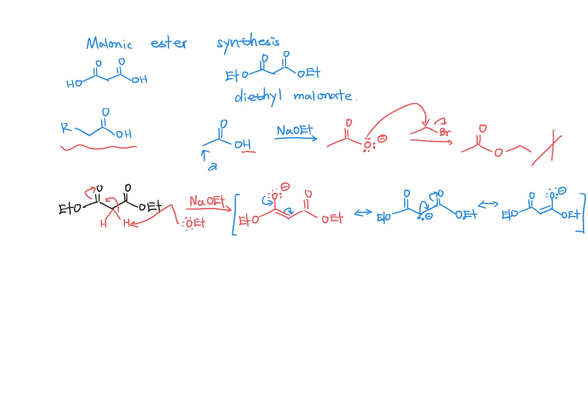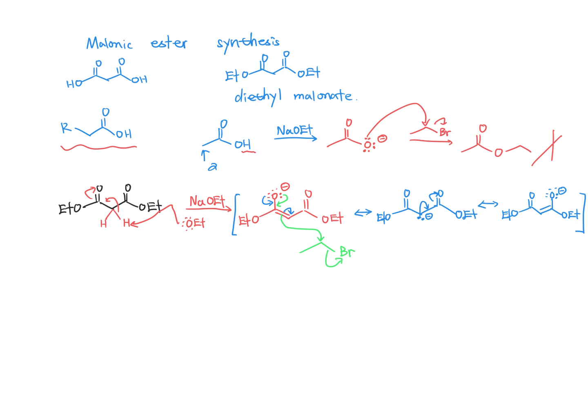This enolate will attack one of the primary alkyl halides. For example, we have this ethyl bromide, so I'm going to use a green color to show the nucleophilic attack. The carbon-oxygen double bond will reform, this pi bond will attack, and then kick out the leaving group in an SN2 reaction mechanism.